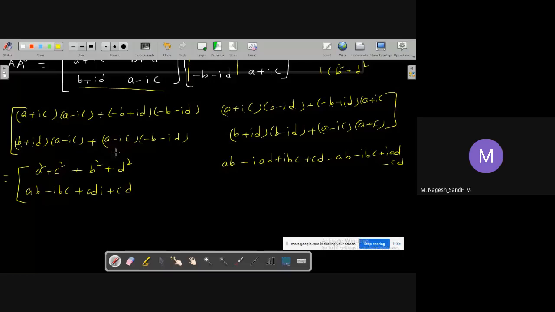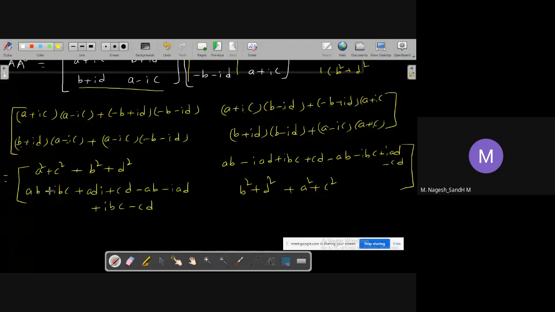Next, a into minus b, minus ab; a into minus id, minus iad; minus into minus gives plus ibc plus ibc; next, minus into minus gives plus i square cd, minus cd. Next here, (b plus id) into (b minus id) is b square plus d square, and (a minus ic) into (a plus ic) is a square plus c square.